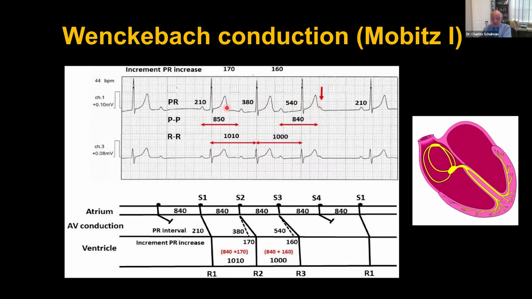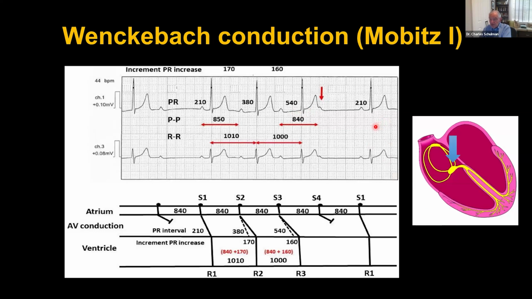Okay, typical Wenckebach cycle. You'll notice also that the PR interval after the pause is shorter than the one before the pause. And that's because of relative refractoriness in the AV node. That's where Wenckebach takes place, in the AV node.